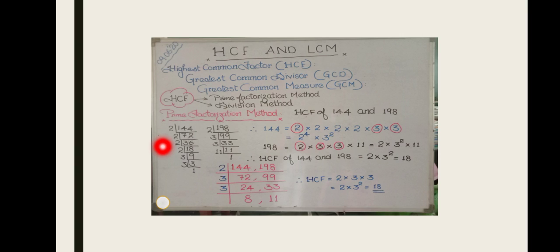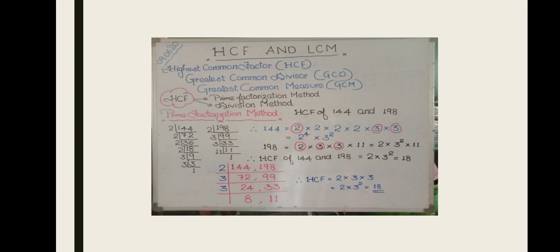So the prime factors of 144 are 2 into 2 into 2 into 2 into 3 into 3. So 4 times 2, that is 2 raised to the power 4, and 2 times we have 3, so 3 raised to the power 2. So the prime factors of 144 are 2 raised to the power 4 into 3 raised to the power 2.